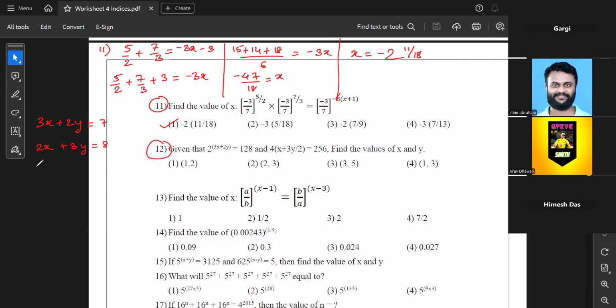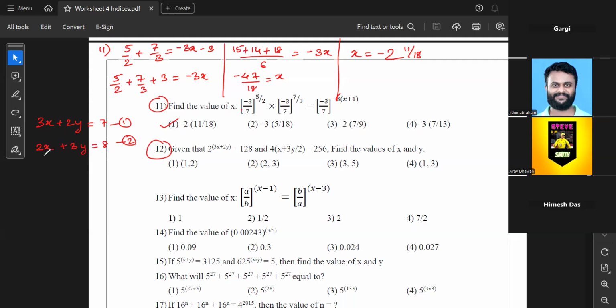So basically, first of all, this is equation number one and this is equation number two. We can add them or subtract them, but we have to make sure that by this process at least x gets cancelled or y gets cancelled. My target is to cancel x in this case, or you can target y, your wish.